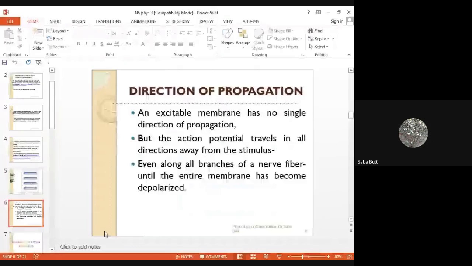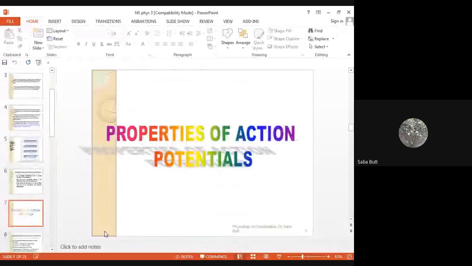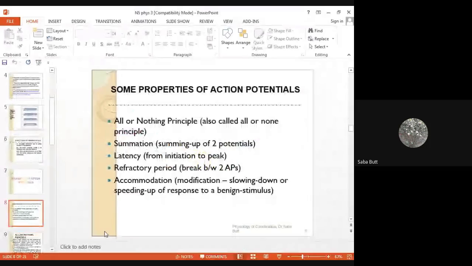Okay, so then more properties. The first property, we have talked about it: the all-or-nothing, or all-or-none, principle. Sometimes we call it all or none, sometimes all or nothing.